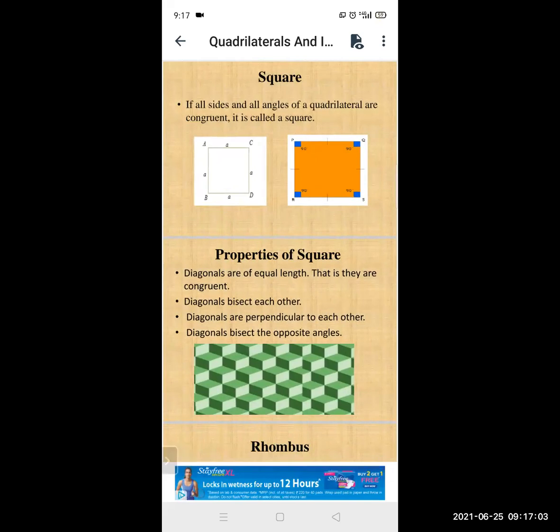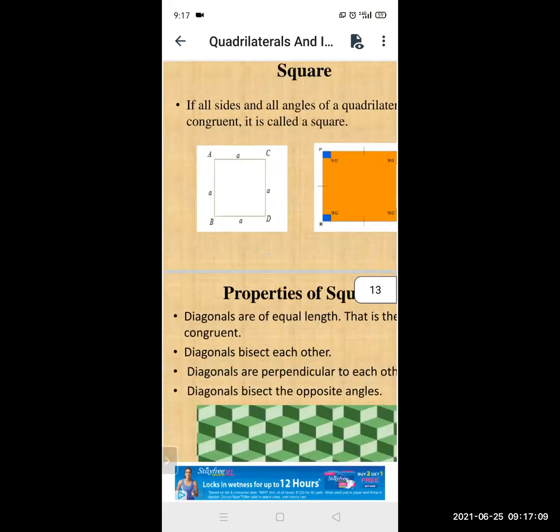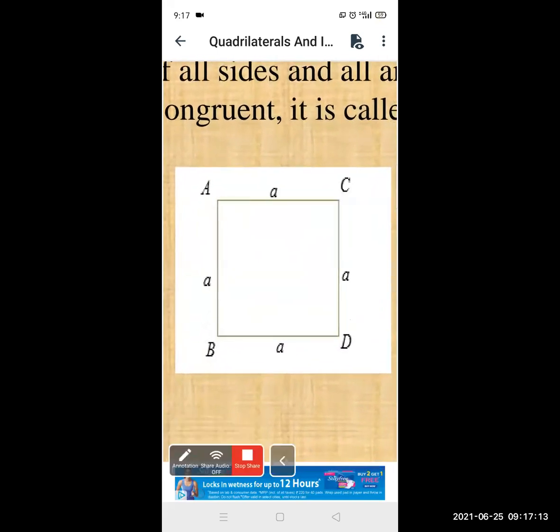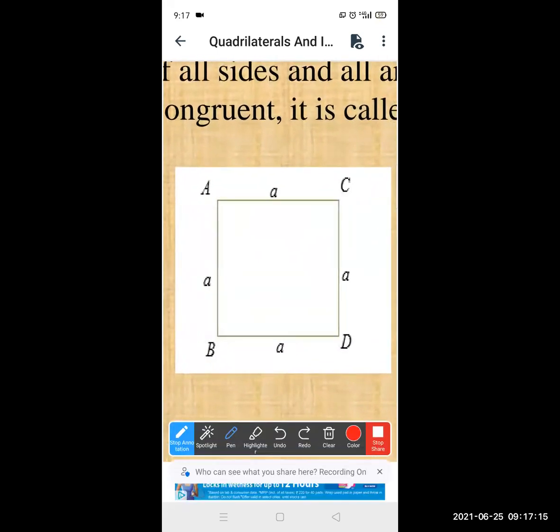Third one, diagonals are perpendicular to each other. When we draw the diagonals, they are also what? Perpendicular to each other. Now see here, I'll again draw the diagonals here, AD, here BC.